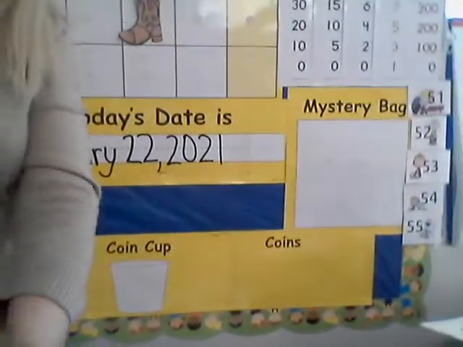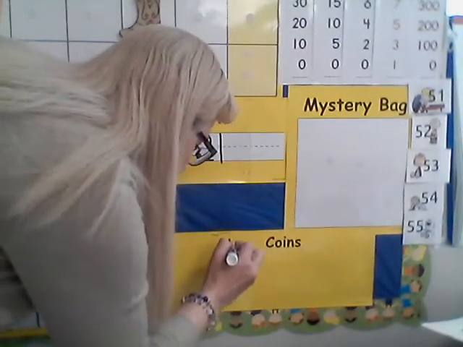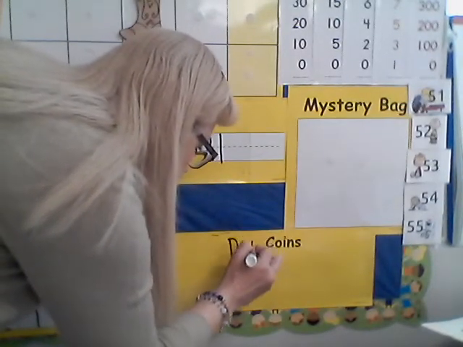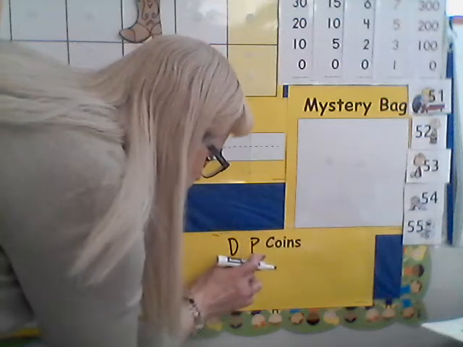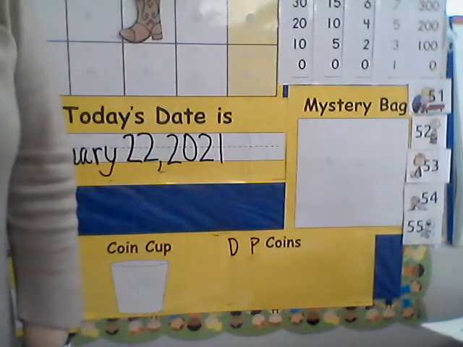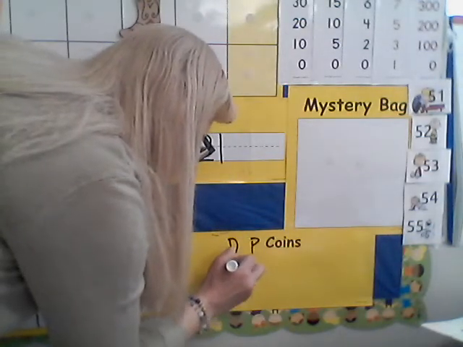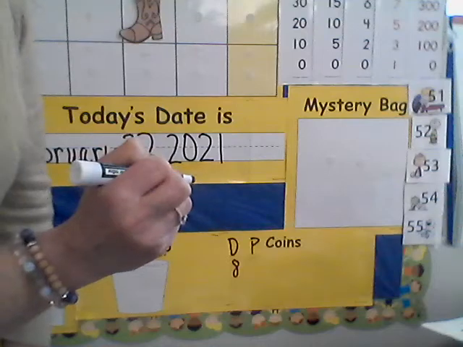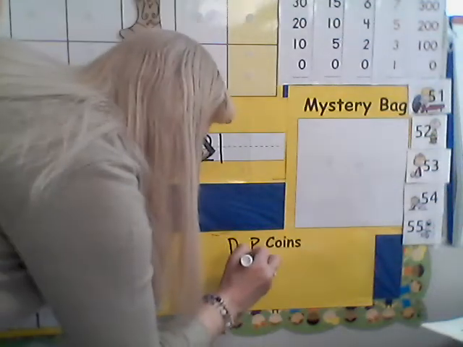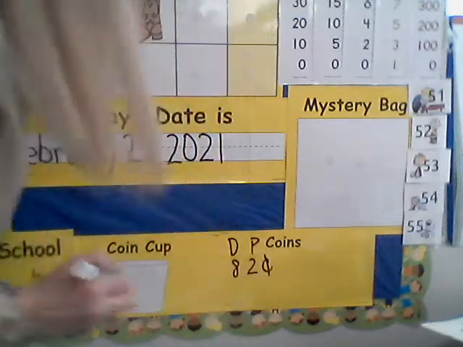Okay, so let's move over here. Of course, I'm going to write my dimes and penny column. Okay, so first things first, I first placed 8 dimes and 2 pennies. So I know that dimes and pennies need a cent sign.